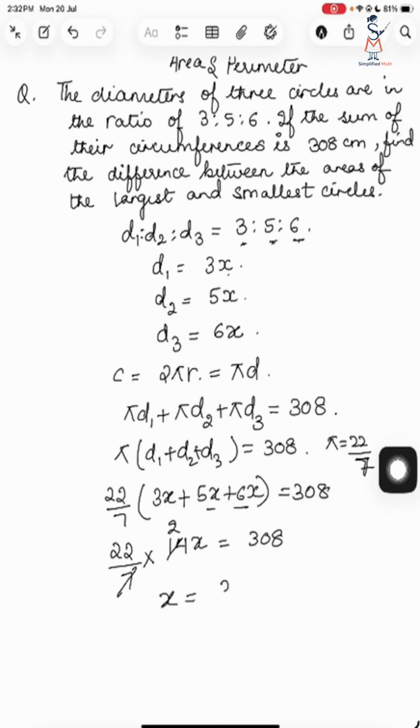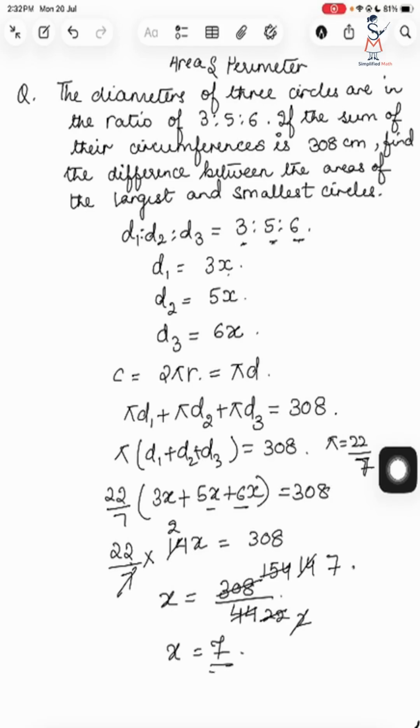So x will become 308 divided by 22 into 2, that is 44, which goes at the bottom. Now we cut these numbers: 22 goes into 154 seven times, and 2 cut by 11, 1 and 14, 2 and 7. So what is the value of x? We got the value of x as 7.